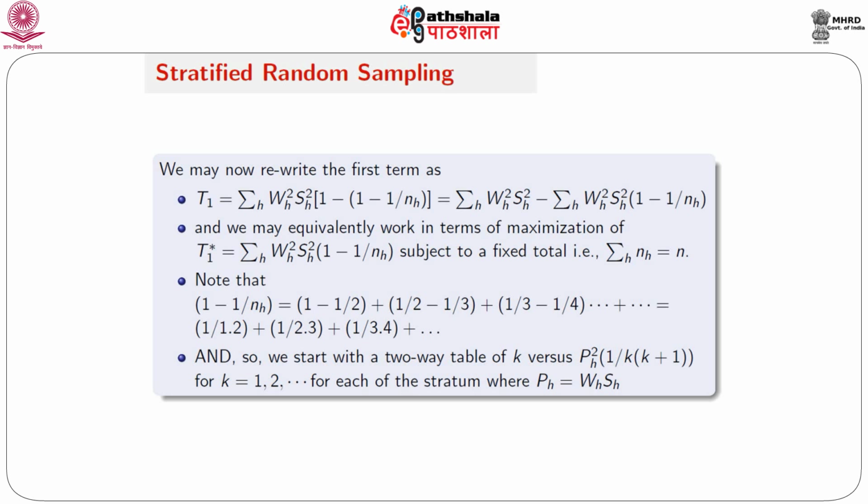So that tells you that you should possibly start with a two-way table of k versus pH square times 1 over k into k plus 1, for k equal to 1, 2, 3, etc., for each of the stratum, where pH is nothing but WH SH. So you know the WH and SH values, you compute pH square, and that you divide by k into k plus 1, and let k be the running index 1, 2, 3, etc.